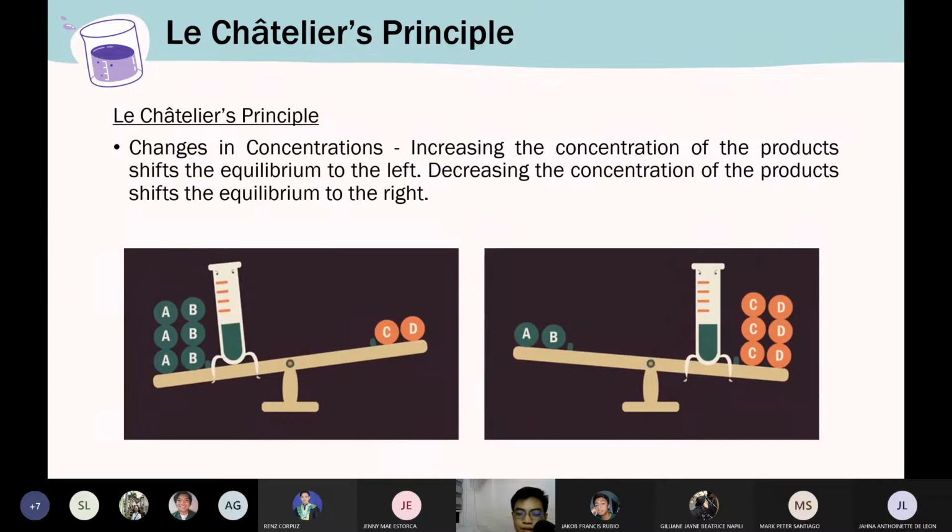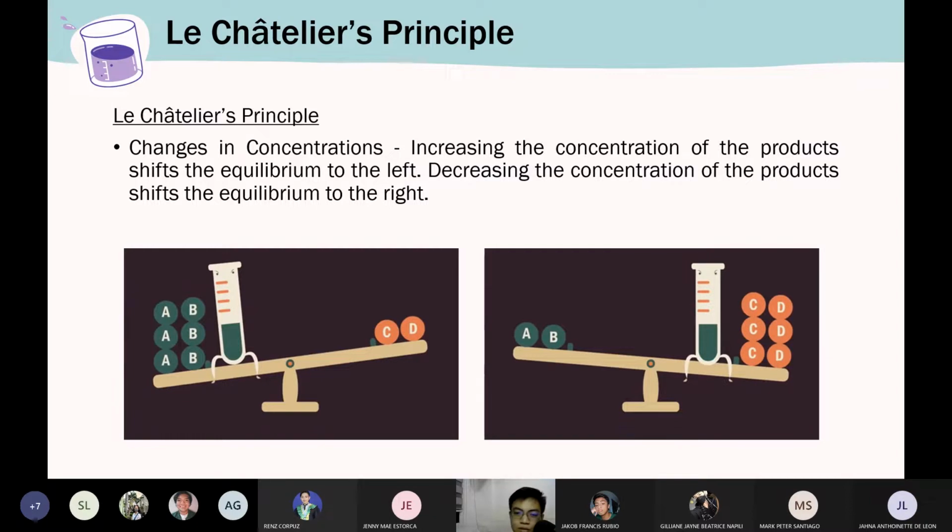So, the first type of stress is the change in concentration. Okay? Suppose you have iced tea, and then you add another iced tea powder. It's like that in our chemical equilibrium system. There are chemicals balanced there, and you add something new. What will happen? Let's read. For changes in concentration, it says, increasing the concentration of the products shifts the equilibrium to the left.